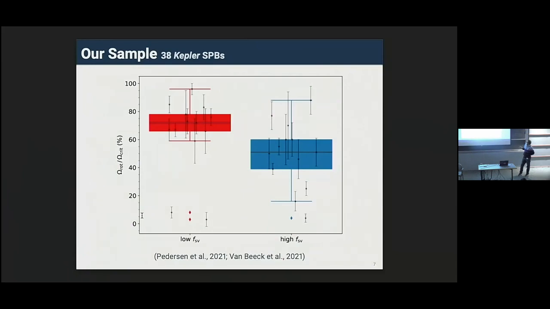And I must say this is the Roche critical rotation rate. And we see that our sample also approaches the entire rotation rate range that we assume for SPB stars.